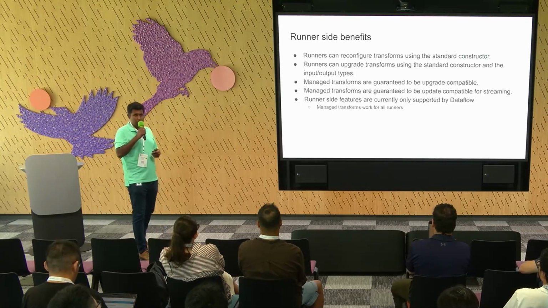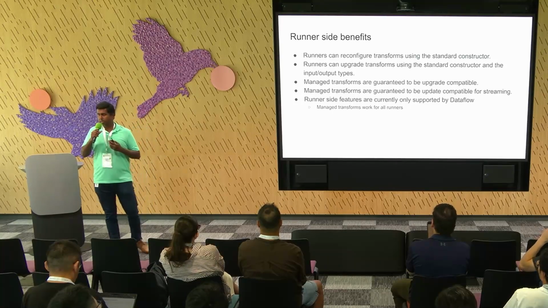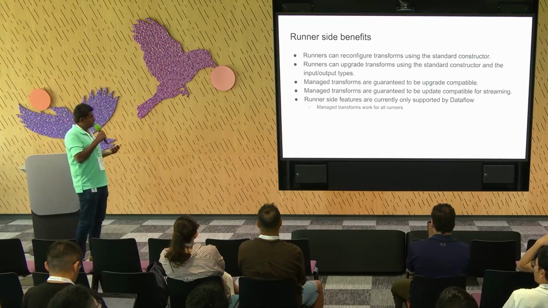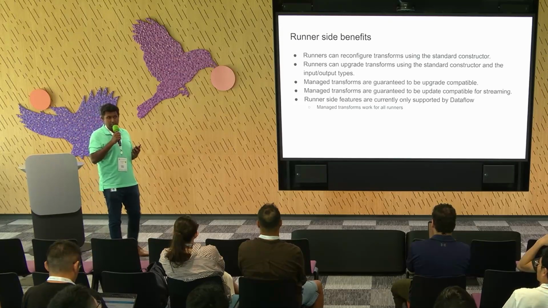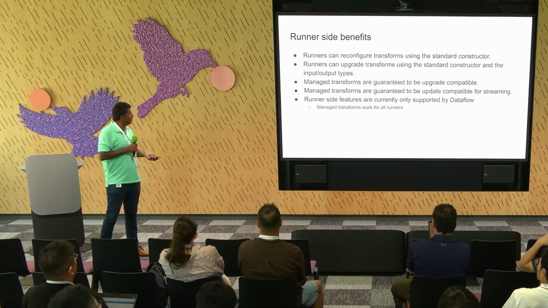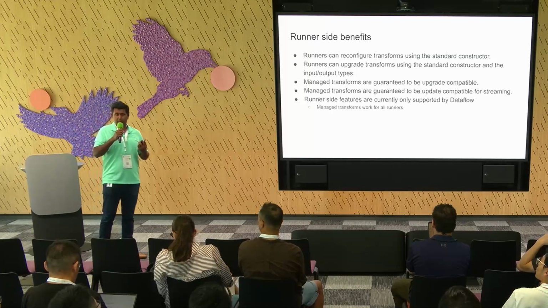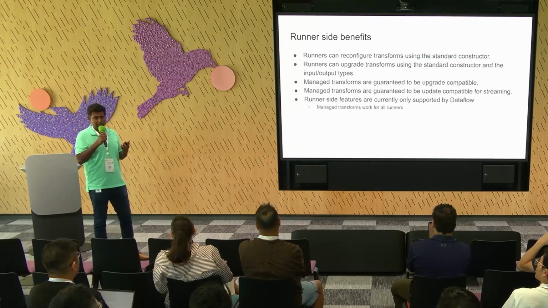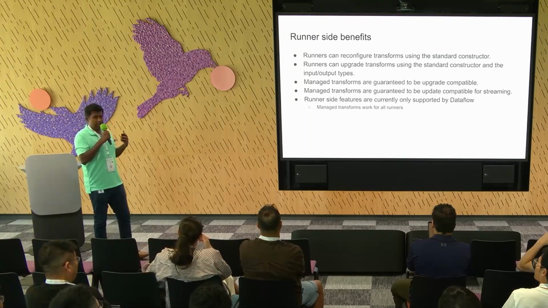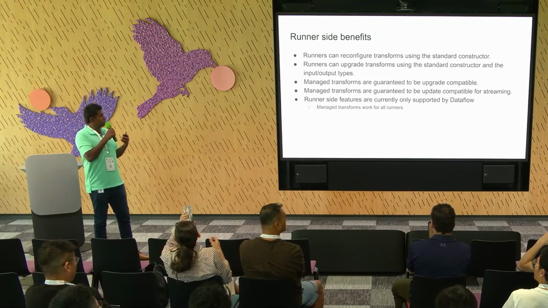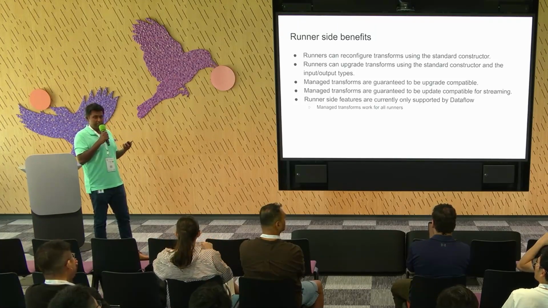All right. So far I talked about the API-side benefits of managed transforms. But there are also a number of things we can do on the runner side. Since these managed transforms have a standard Row connector that is language neutral, runners can reconfigure these transforms at runtime using this standard connector.